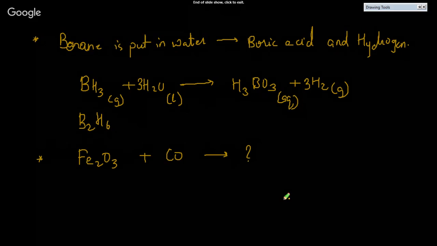Let me see. Okay, so I'm going to give you an answer for this. So this actually ends up giving Fe metal. Please remember, whenever CO is a part of the equation, CO will always end up going to CO2. CO is a very good reducing agent, and it ends up going to CO2.